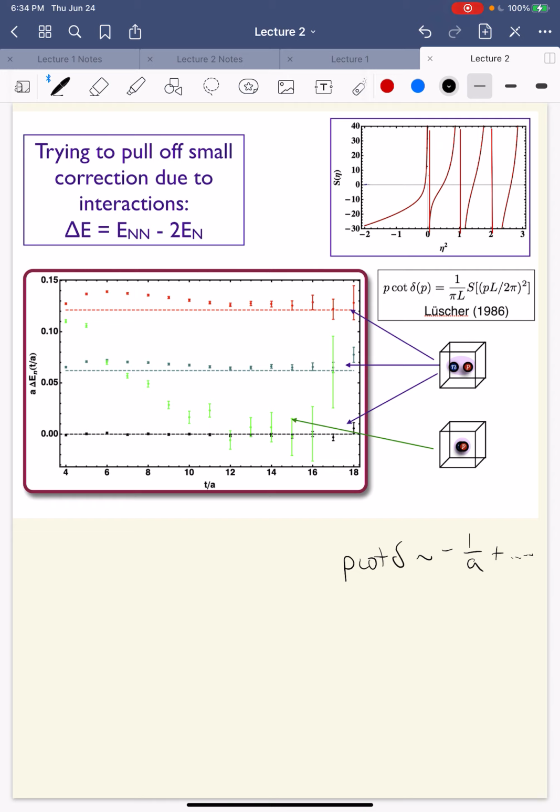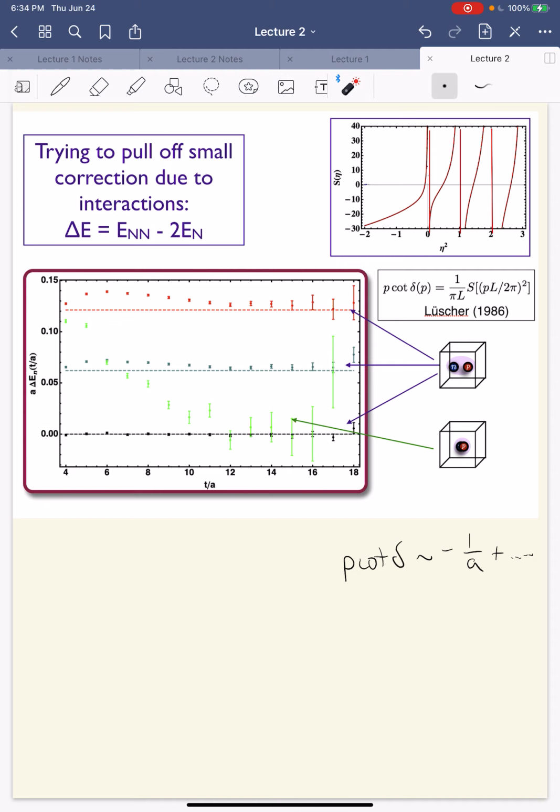When a goes to infinity, that means you saturate unitarity. So when a goes to 0, p cotangent delta goes to infinity. And that's why we have these poles at the non-interacting levels. And it's the distance from the non-interacting pole to the energy level that you extract that tells you about the interaction.